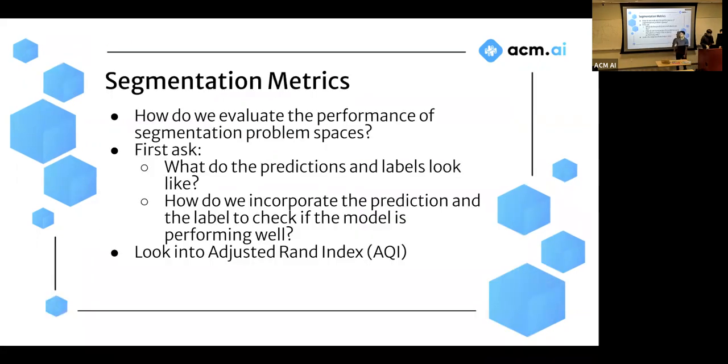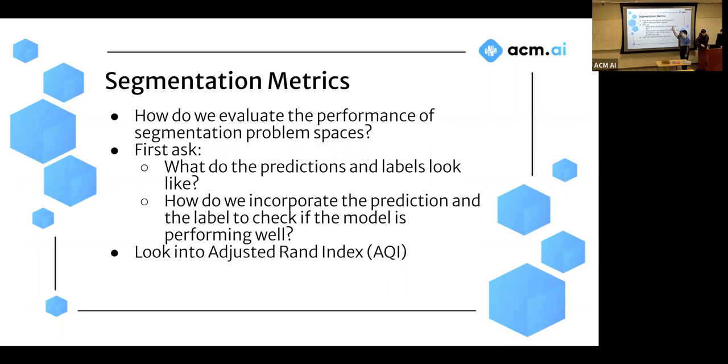And you might be wondering, how do we evaluate models for segmentation? For classification we have evaluation metrics like cross entropy loss, just seeing if it's in a class or not. So we ask something similar but still different: what are these predictions and what do these labels look like?